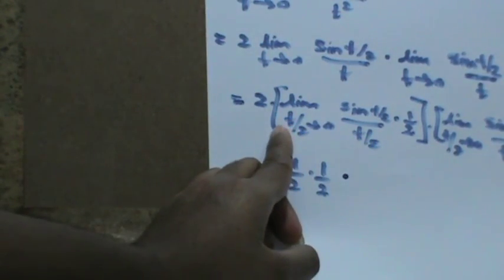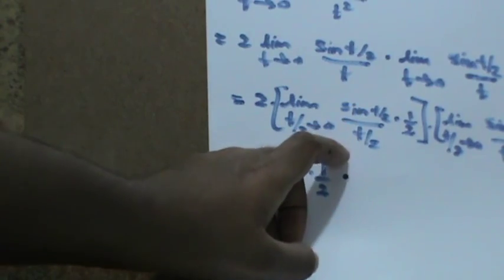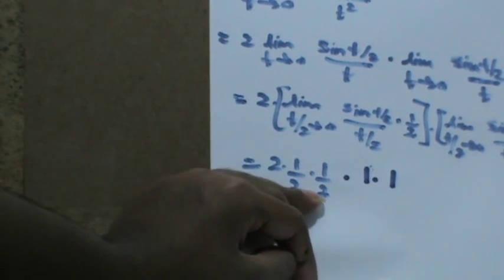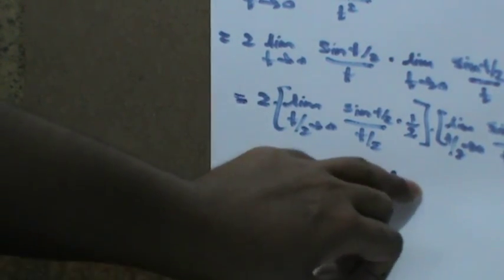So what you will get here is that this is 2 times half times half, times the limit when t by 2 goes to 0 of sine t by 2 divided by t by 2, which is equal to 1, times again 1. So 2 times half is 1, 1 times half is half, half times 1 is again half. So the final answer will be half.